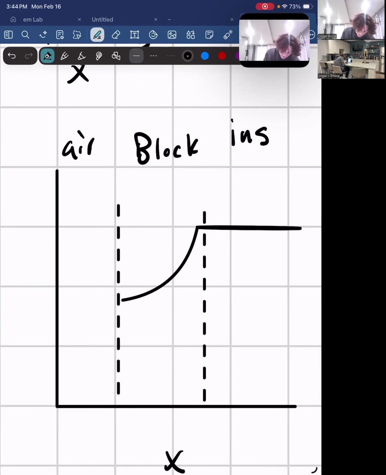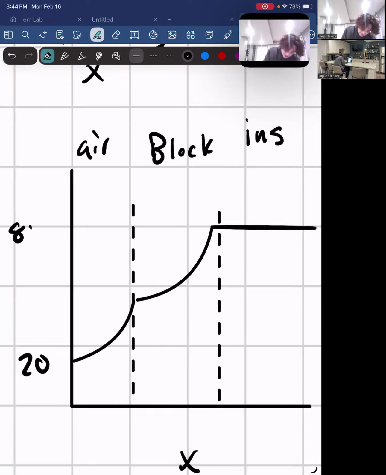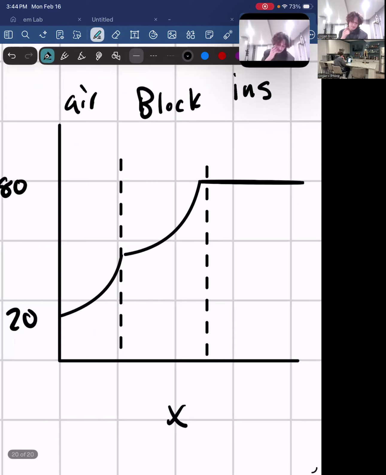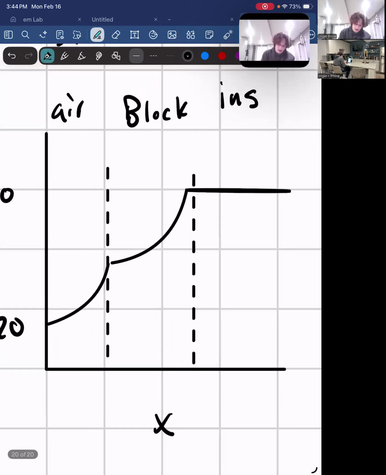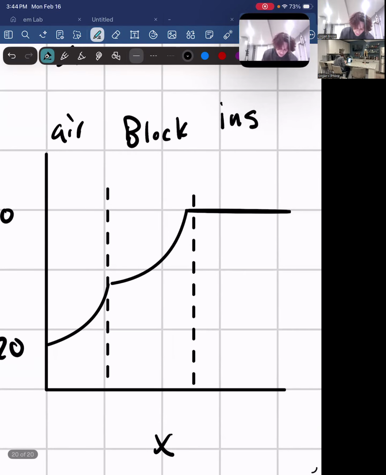And then as we go into the air, it is going to decrease even more, right? So we have our 20 degrees, we have our 80 degrees, and as it gets colder, right? As the block gets colder, we're still at a 0 slope over here, but our block and our air slopes start to decrease as well, right?